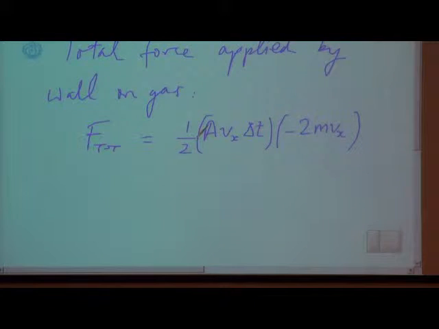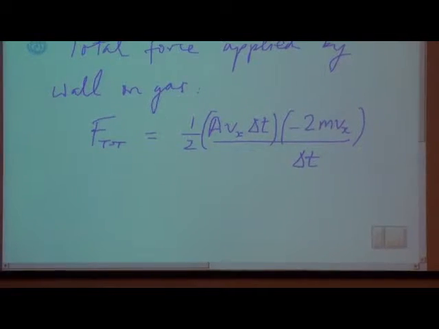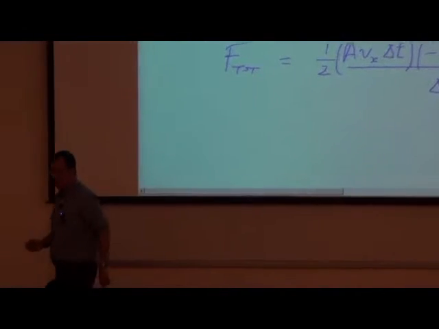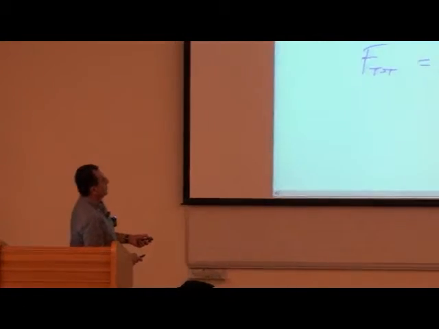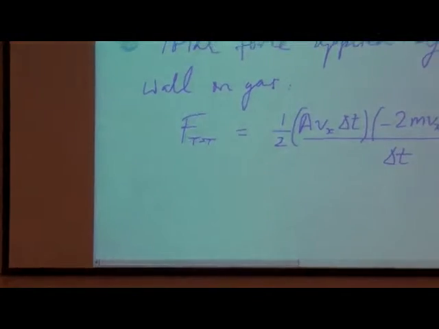That is the total momentum change of all the molecules in the gas that collide with the wall during time delta t. And you divide this delta p by delta t to get the force. Okay? If you go back a few pages in my previous lecture, we already got the momentum change of one molecule.